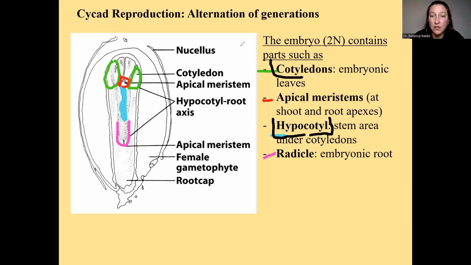So the hypocotyl is basically saying it's the stem tissue below the cotyledons, right? And indeed it is. Where's the hypocotyl? Below the cotyledons, right there. Radicle here, cotyledons here and here. Okay.